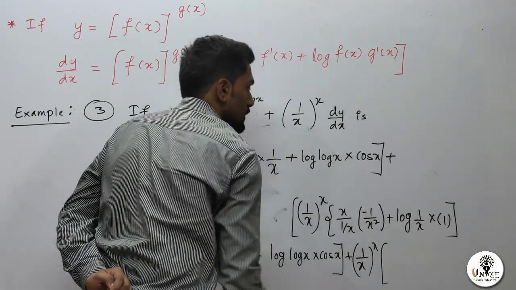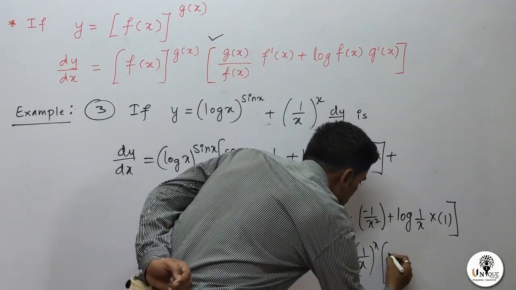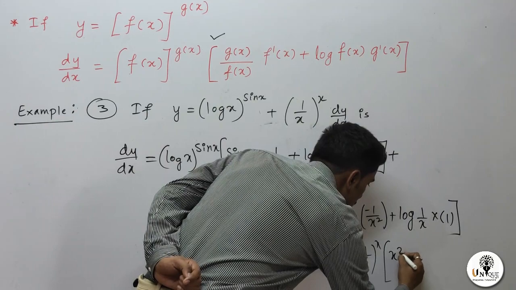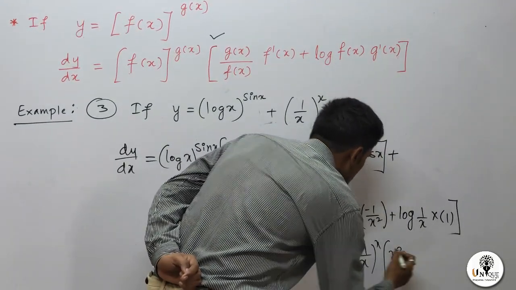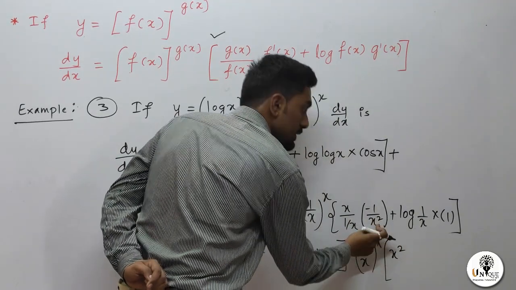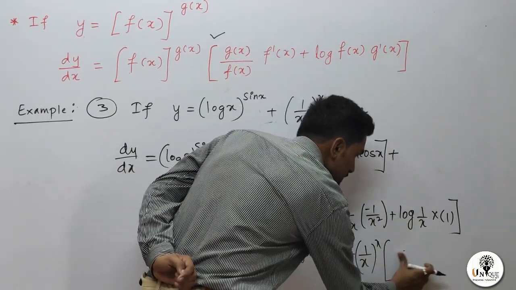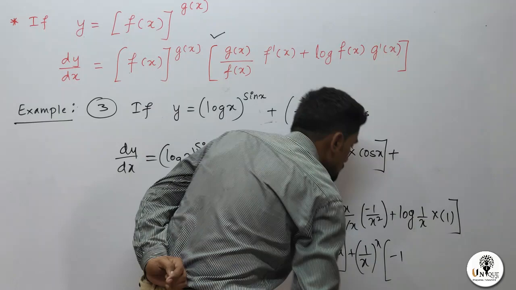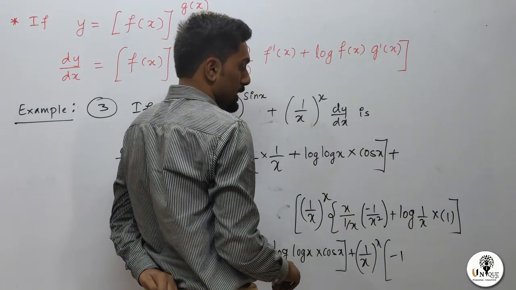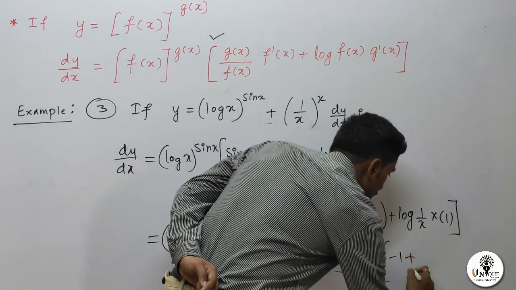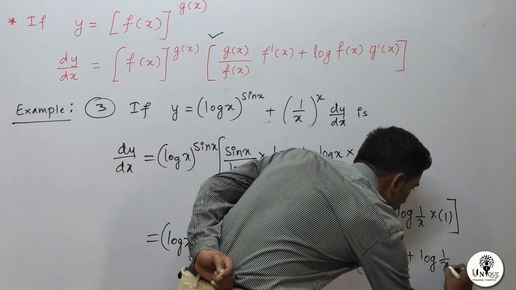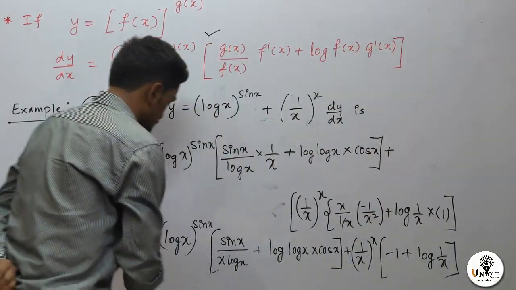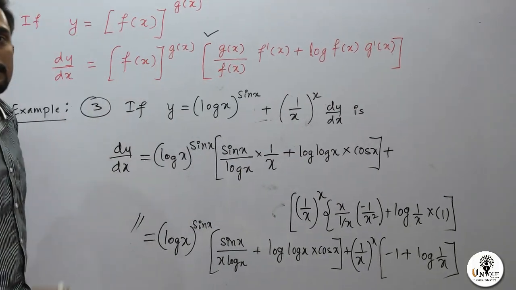So this goes to the numerator, will get multiplied with x, becomes x square. See that x square and this x square will get cancelled. So what remains in the bracket is minus 1 plus log of 1 by x. That's all. This is the final answer.